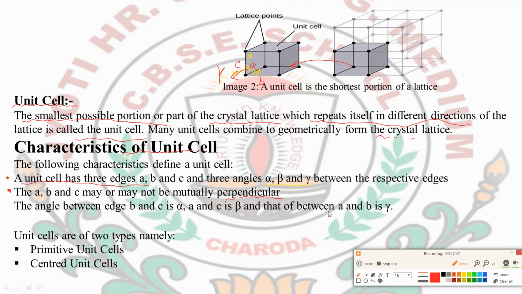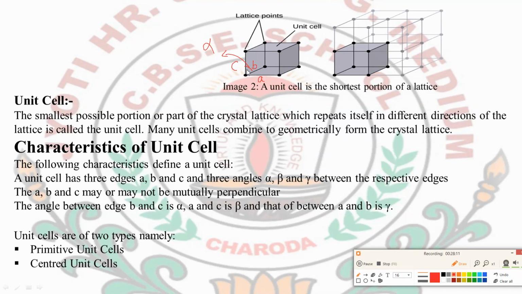Oh, sorry. I will change this and give you the correct denotation of the angles. If this is A, this is B, and this is C, then between B and C it is alpha. It means opposite to A it will be alpha.